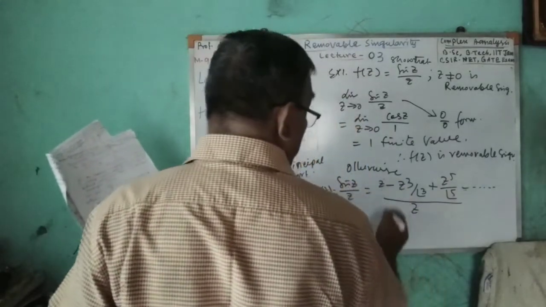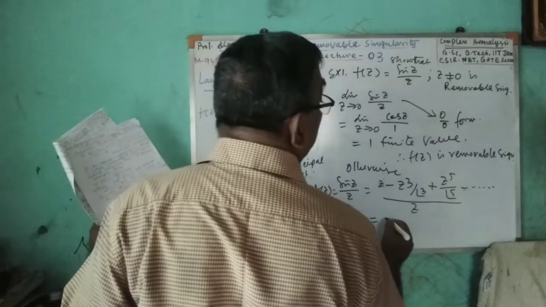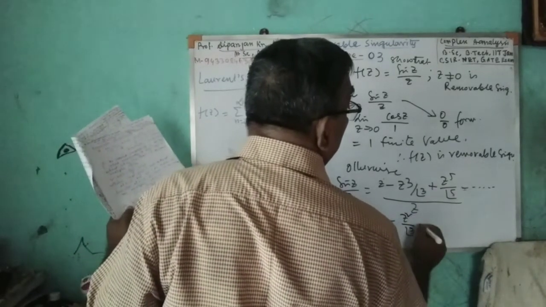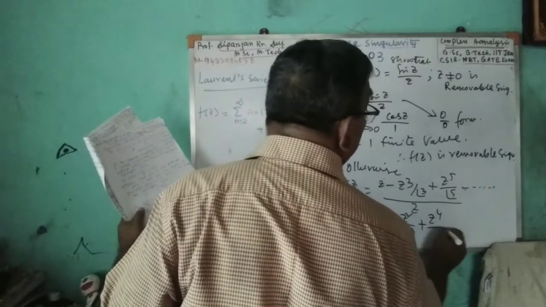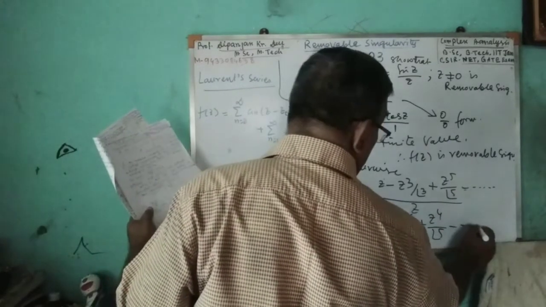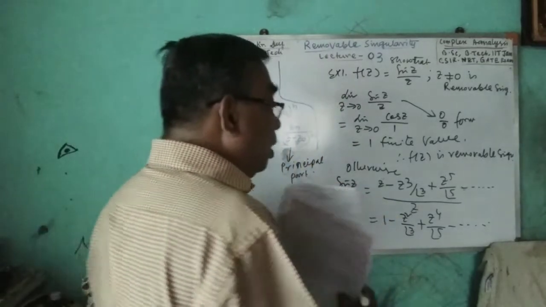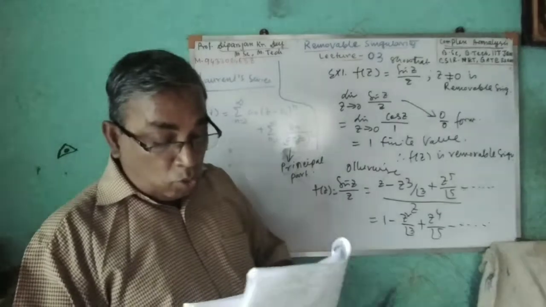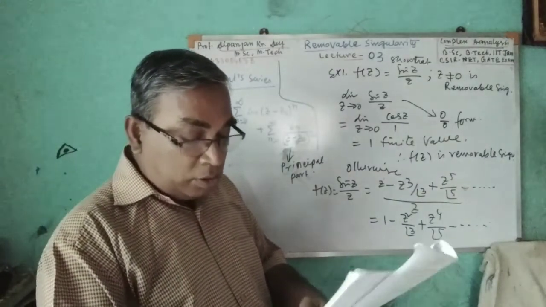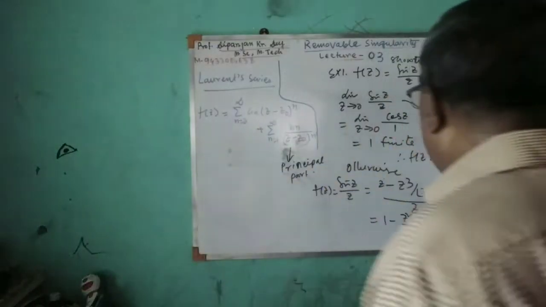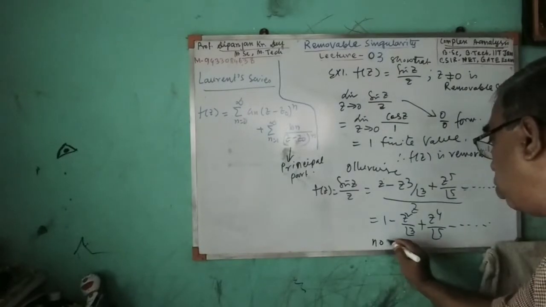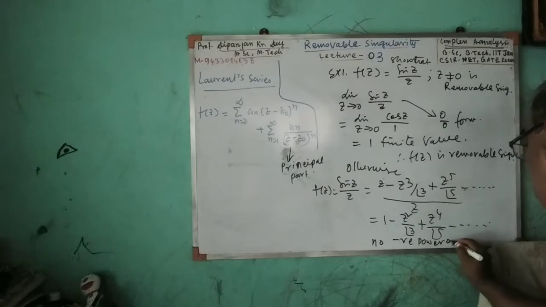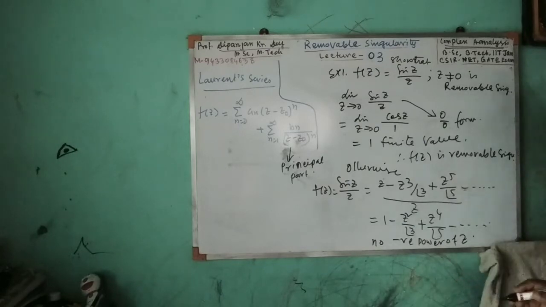Now if we take z common from the numerator, then 1 minus z squared by factorial 3 plus z to the power 4 by factorial 5 minus dot dot dot. So you see, in this expansion there is no negative power of z.